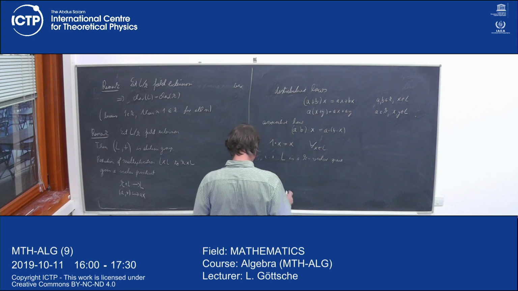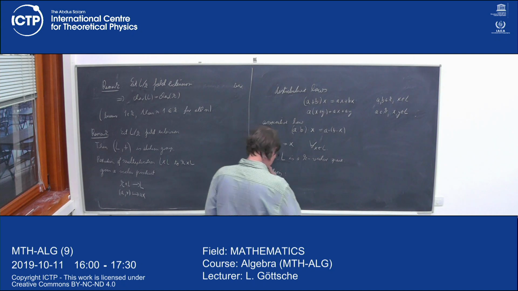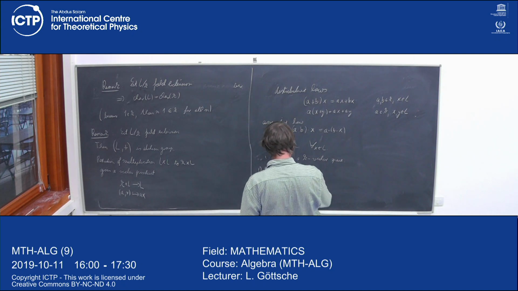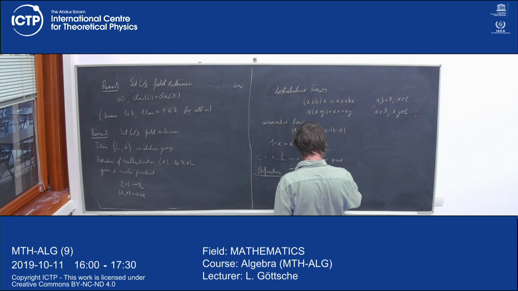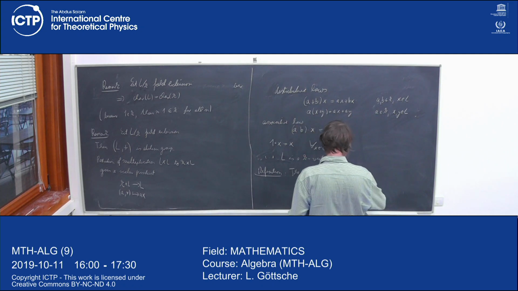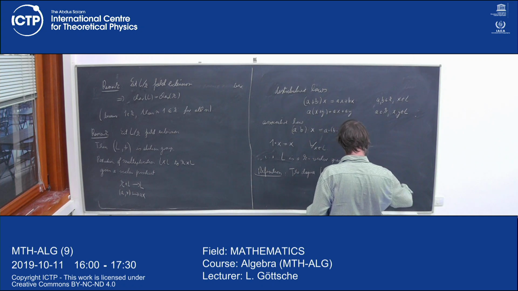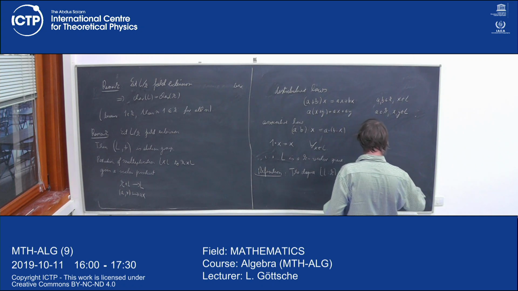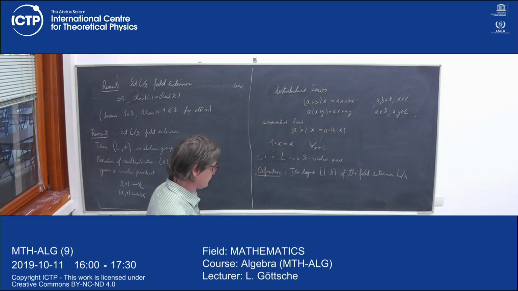And so we can then define, as I said, the degree of L over K, of the field extension L over K, is just the dimension of L as a K vector space.